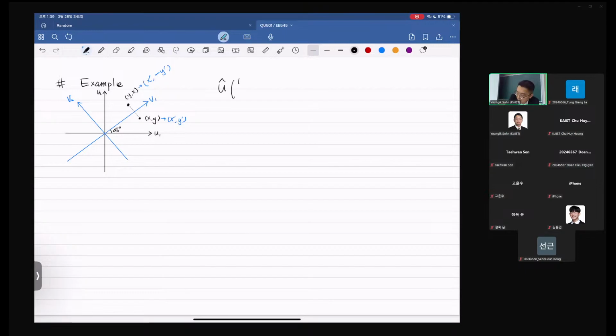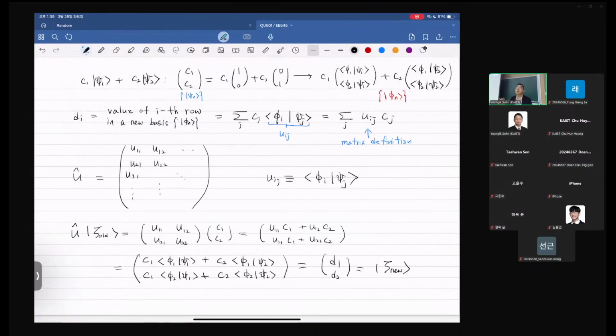And so my input is 1, 0, basically some point here, right? And this is C1, C2 I'm talking about in this scenario, okay? C1, C2, and I want to find D1, D2, what number it appears as in a new coordinate system.